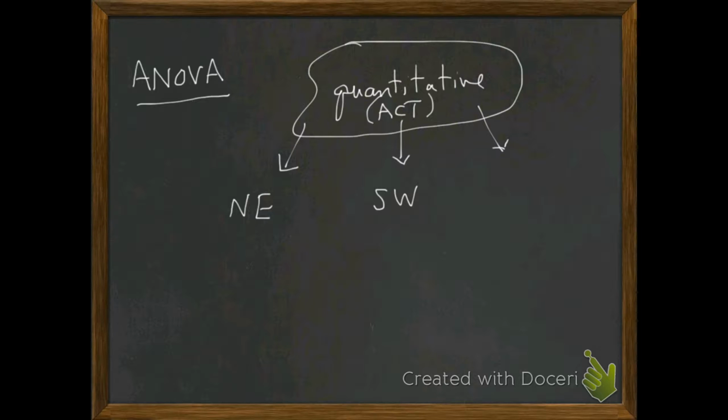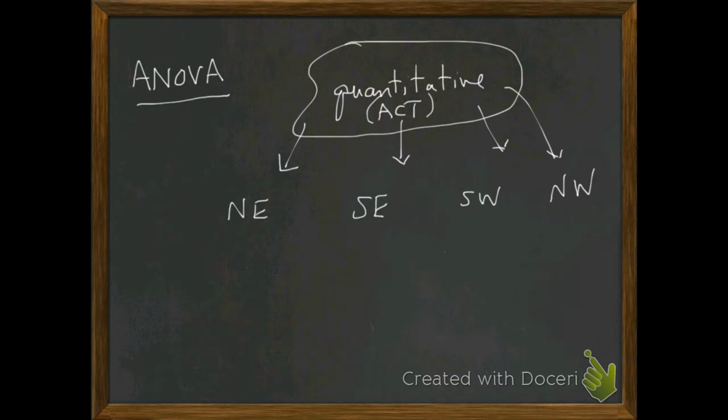Let's take this into four regions. So we've got Northeast, Southeast, Southwest, and Northwest. Now, I have no reason to believe that ACT scores would be biased across region, but nevertheless, if we wanted to compare ACT across the four regions, we could do so. And we would do this using a one-way ANOVA.